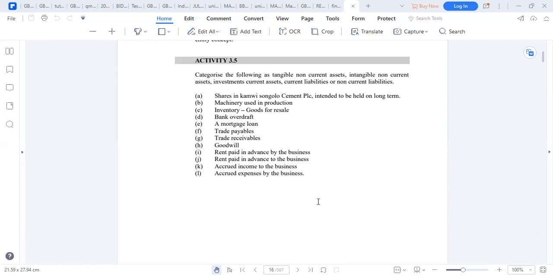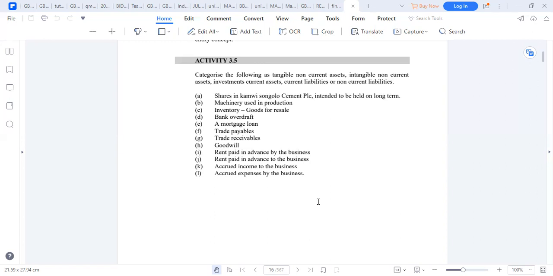Trade receivables. Current liability. Try again. Trade receivables. It's a non-current asset. Try again. Last try. These are current assets, yes.